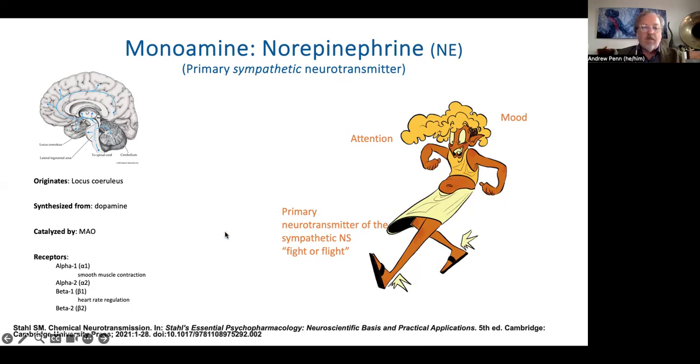And we have two families, alpha and beta, which have two subfamilies each. So there's alpha 1 and alpha 2 and beta 1 and beta 2 norepinephrine receptors. The terminology here can get a little bit confusing because people will often talk about alpha 1 receptor agonists or something like that, and they often will omit the word norepinephrine.